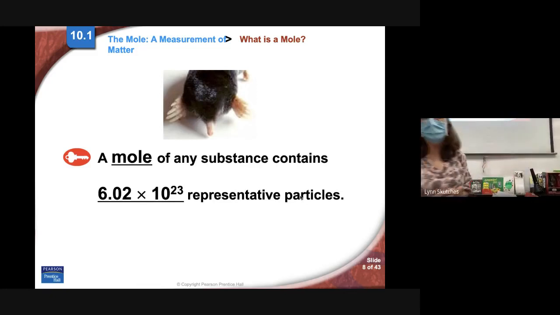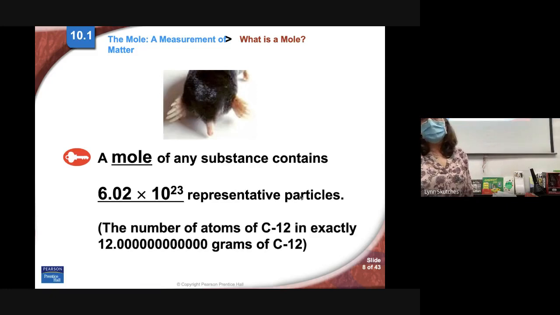A mole of anything, and that comes from the Latin for pile or heap, which is what moles do in your garden, make big piles of dirt, is 6.02 times 10 to the 23rd. It's a ridiculously huge number, incomprehensible, truly, as you'll see soon. It has been agreed upon in international chemistry circles that it is exactly the number of particles in exactly 12 grams of carbon 12 atoms.